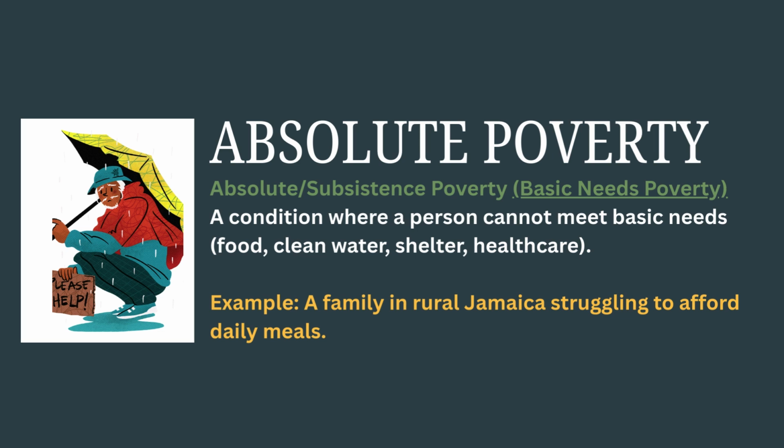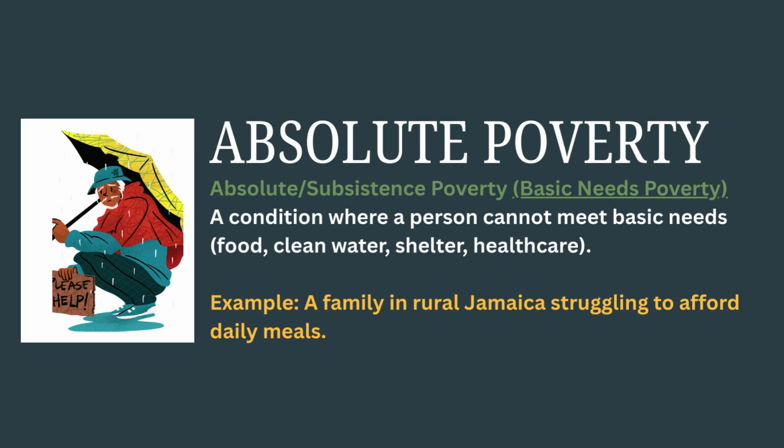You are experiencing absolute poverty or subsistence poverty. And this one literally only concerns your ability to meet your basic needs. So once you cannot meet your basic needs, you know it's absolute poverty that you're experiencing.